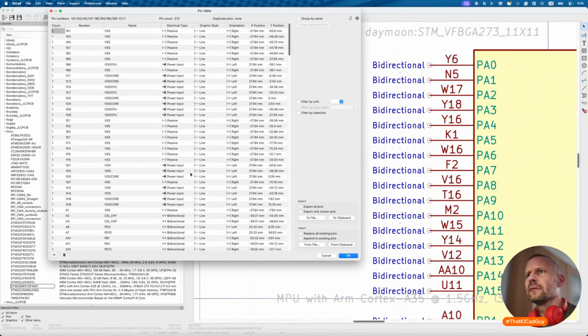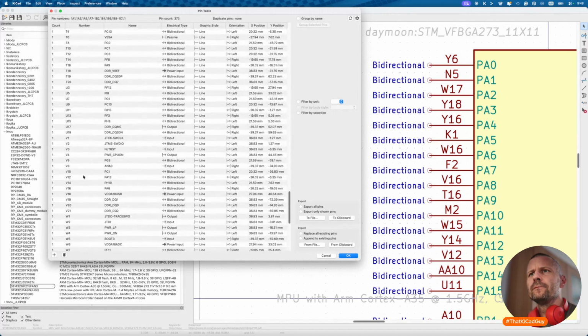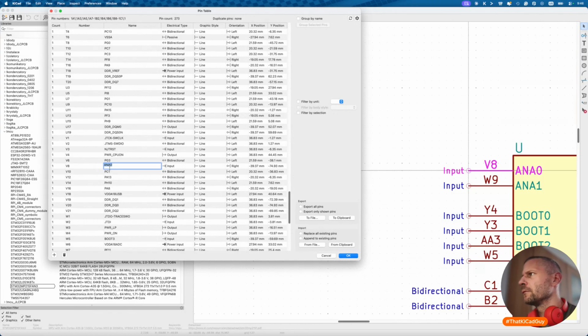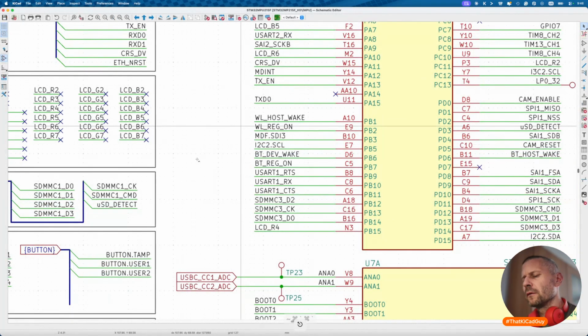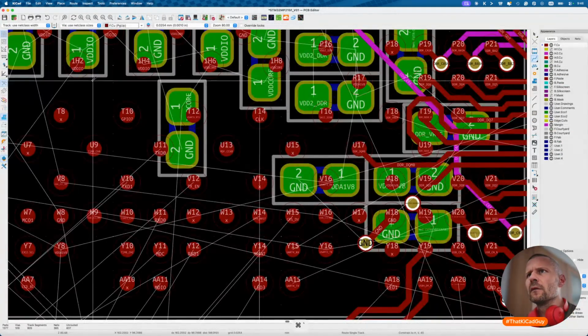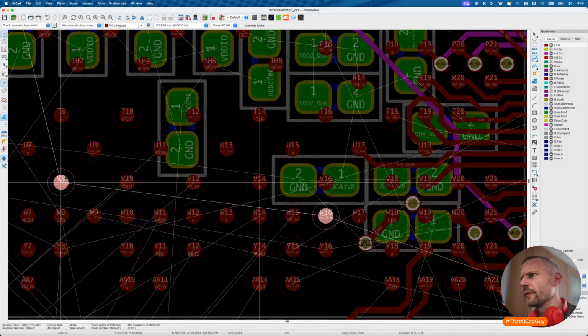V8. And that's the actual signal, yeah. V8. From here.